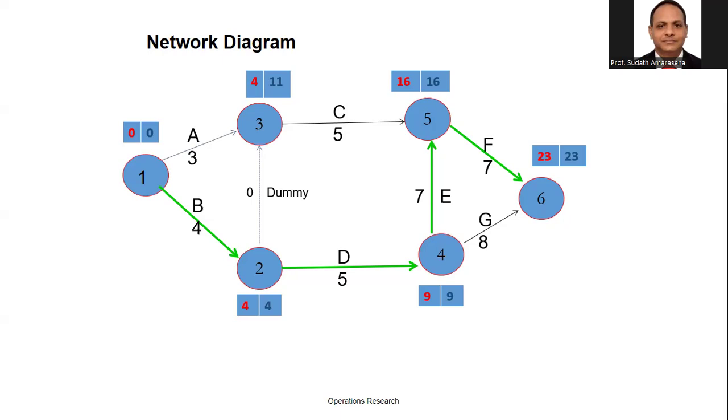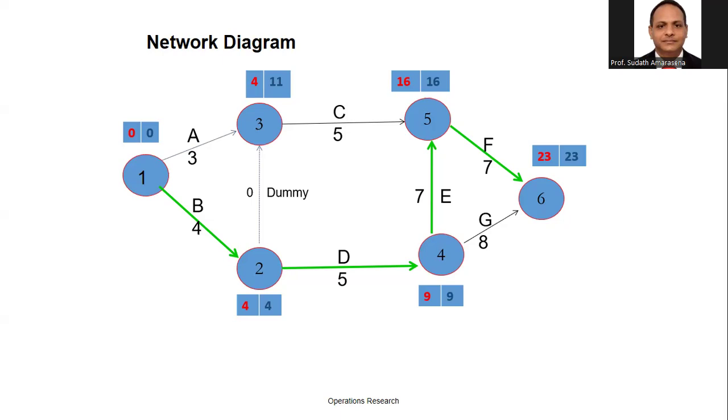Not necessary to calculate all the activity variations. We should calculate only the critical activities, B, D, E, F.